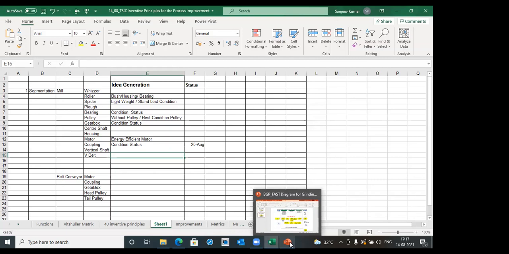Whenever you go for a new process or new idea generation using TRIZ, you need to ensure that the function is not going to get affected. We have seen the functions, so those functions need to be met without affecting the performance of the process.